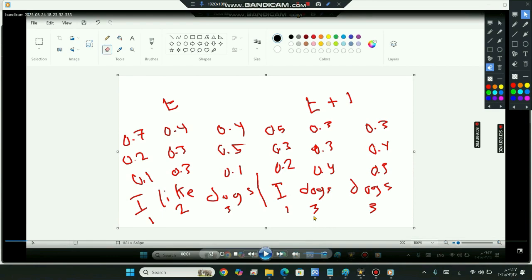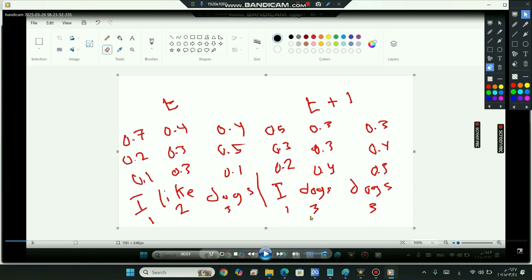So we want to train a model that takes as input the indices of those words, for example 1, 3, 3, and it should generate the ratios of those probabilities over here.